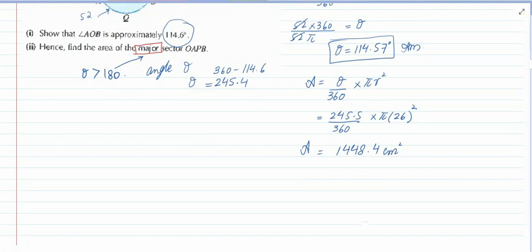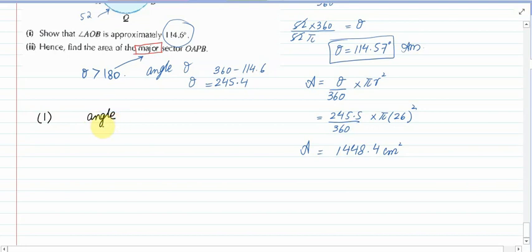So if I summarize, first thing, whenever you are attempting the question of major and minor, the first thing you should consider is angle, because angle leads to major and minor. After the angle, the second most important thing is perimeter.